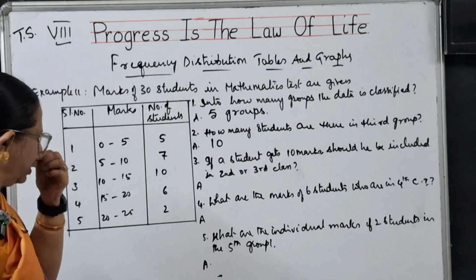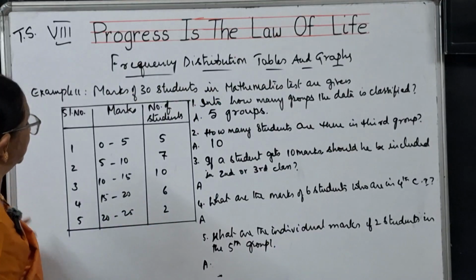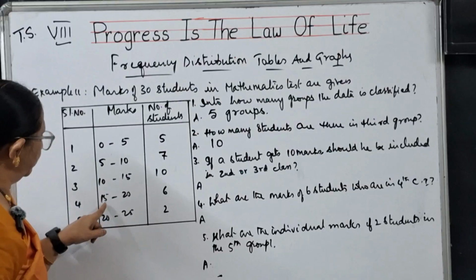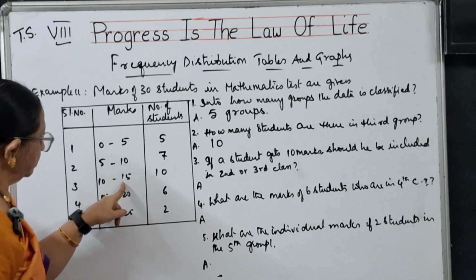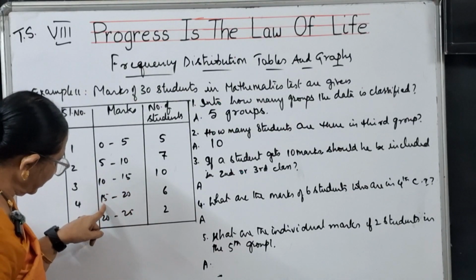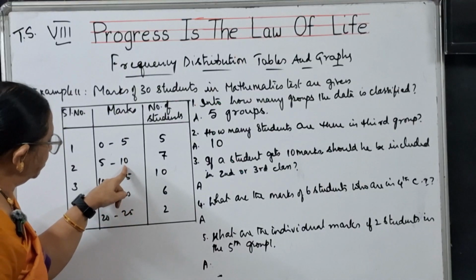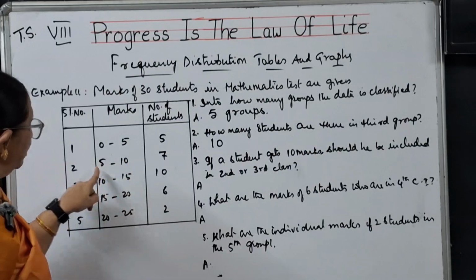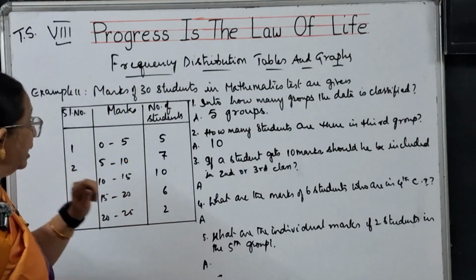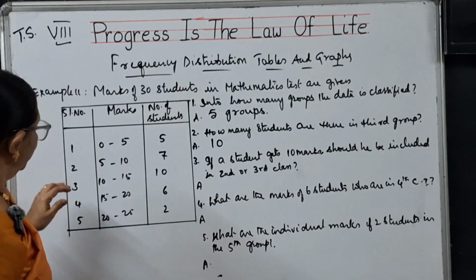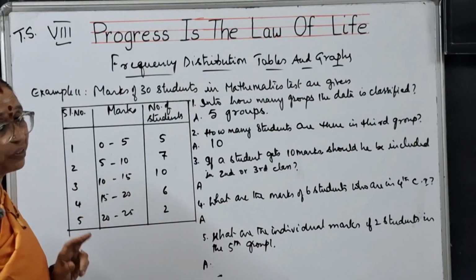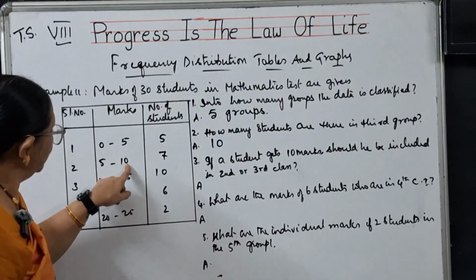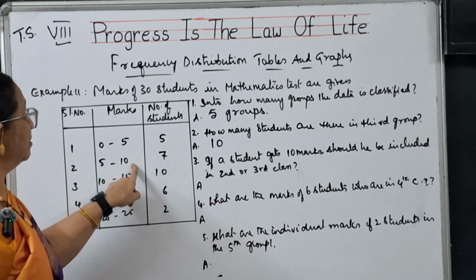I'll explain about it afterwards, and you will get the meaning of it again. But the thing that you should remember is, if these two numbers are repeating, then this value should be taken here, not here. Similarly, 10 marks. They said between 5 and 10. So if a student gets 10 marks, will he be in the second group or third group is the question. Definitely he will be in the third group, because even though 10 is here, we will not consider this group.